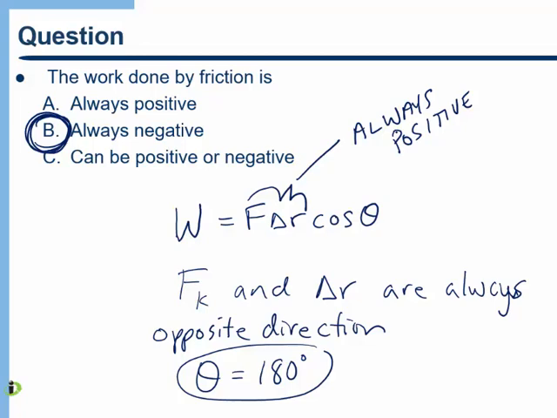You've got to put in the positive value. Where the negative sign comes out of is from here, from the angle between the force and the displacement. In our next video, we'll look at how we can use this concept of work to derive the concept of kinetic energy.